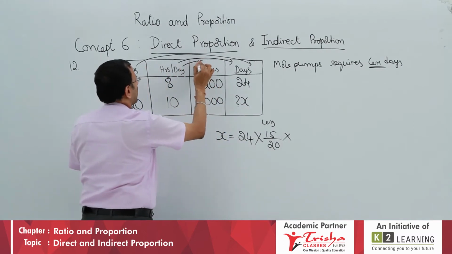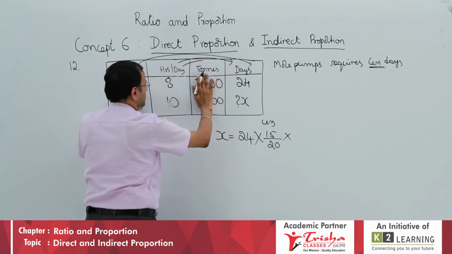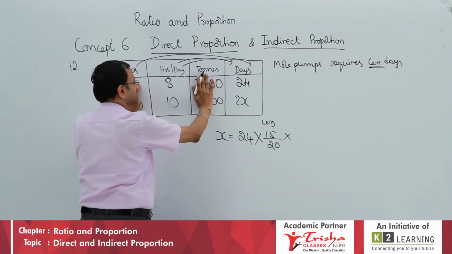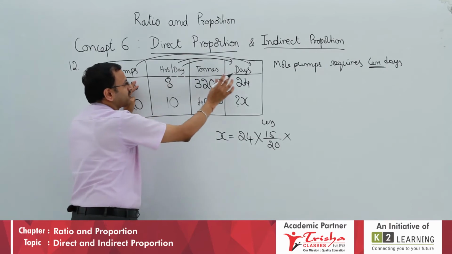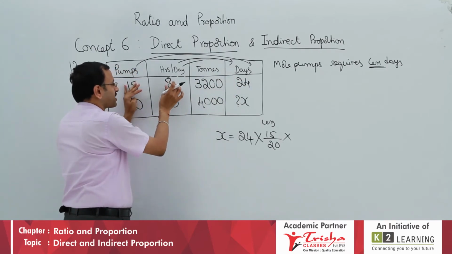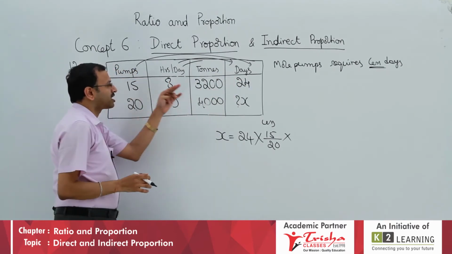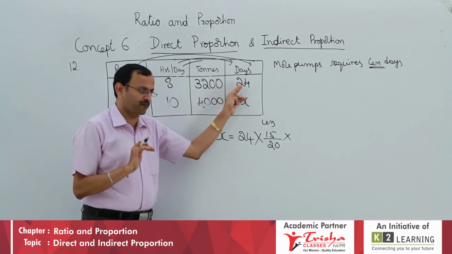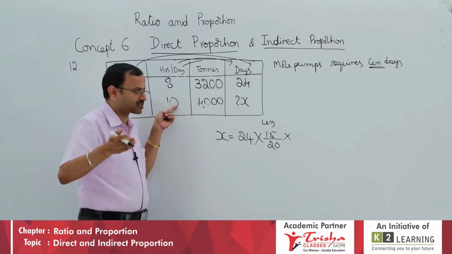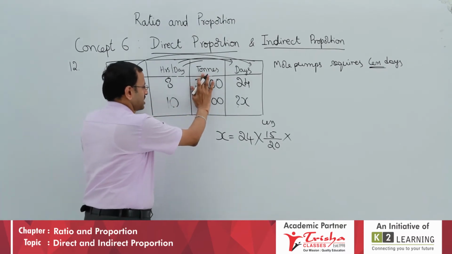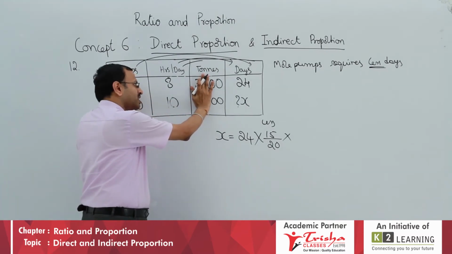Now we have to go for the second variable, keeping the first and third constant. How do you do it? 8 hours per day requires 24 days to complete. If for the same work you are using 10 hours per day, how many days? At 8 hours per day working, it takes 24 days.